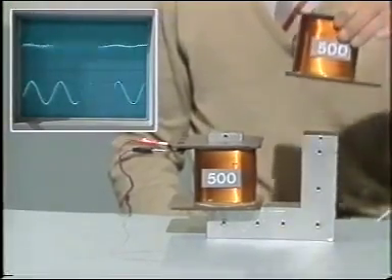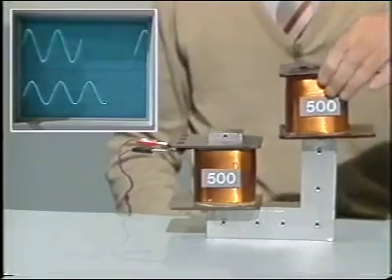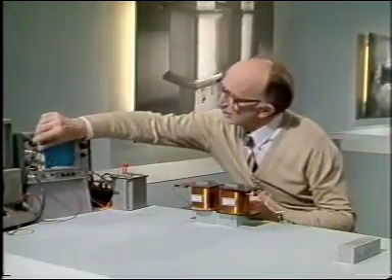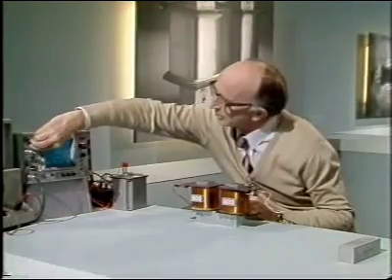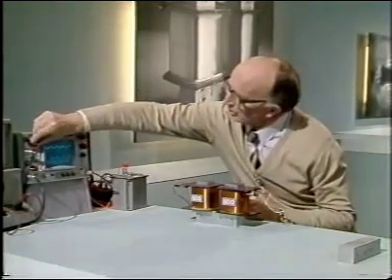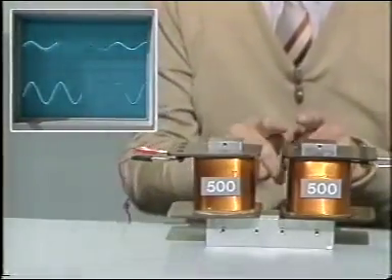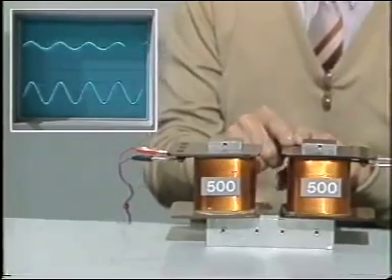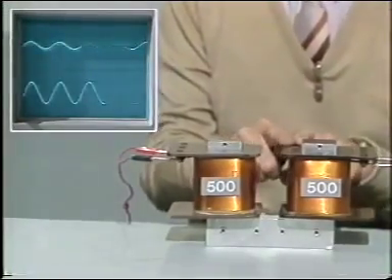In fact, it goes right off the screen. So in order to observe this properly, I must change the scale on the oscilloscope so that the two waveforms are comparable.